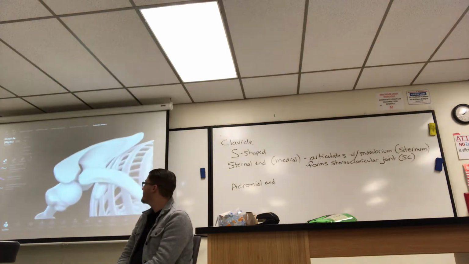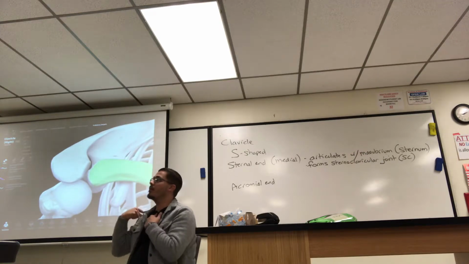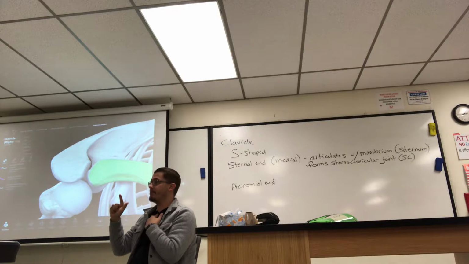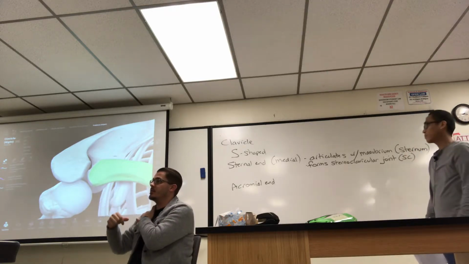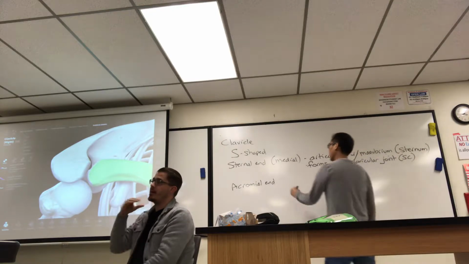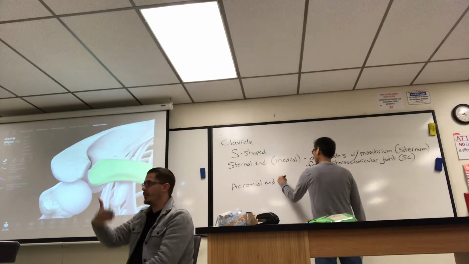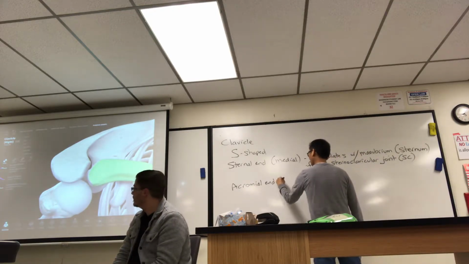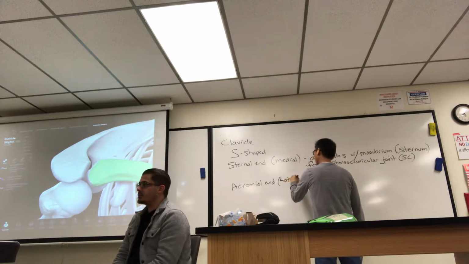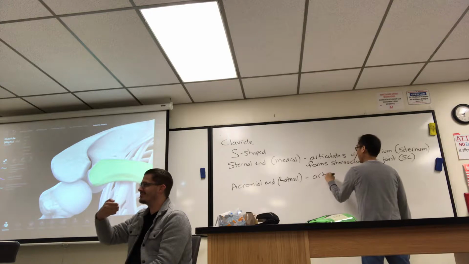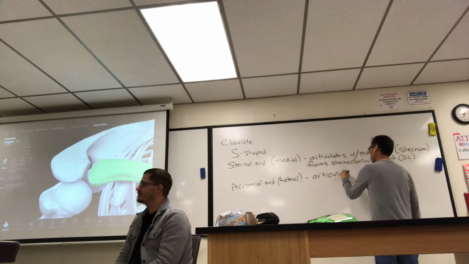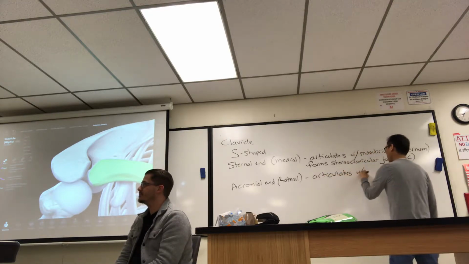the acromial end, that right there, what I have zoomed in, is the acromial end of the clavicle articulating with the acromion of the scapula. So I'll say lateral, where the acromial end articulates with acromion.